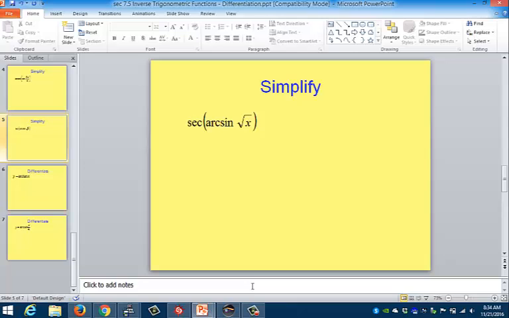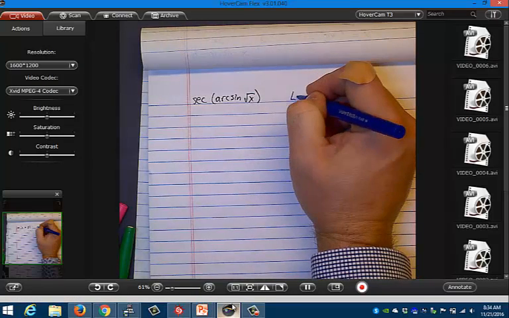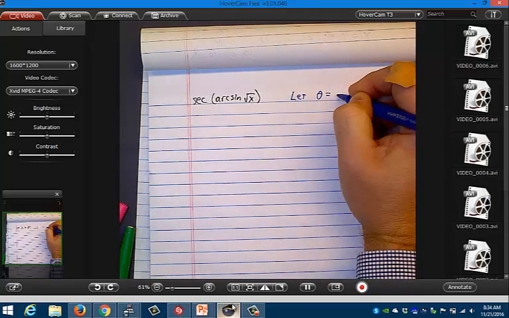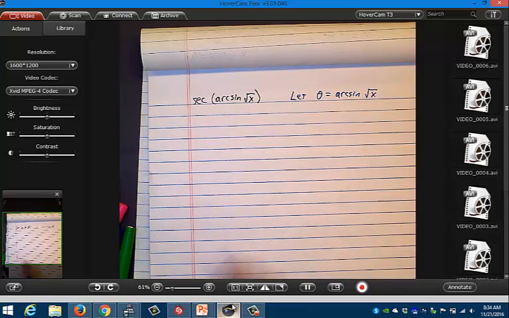The strategy I'm suggesting is, anytime you see an inverse trig function, you're going to turn that into some Greek letter, right? So here I go. I'm going to let theta be the arc sine of the square root of x.